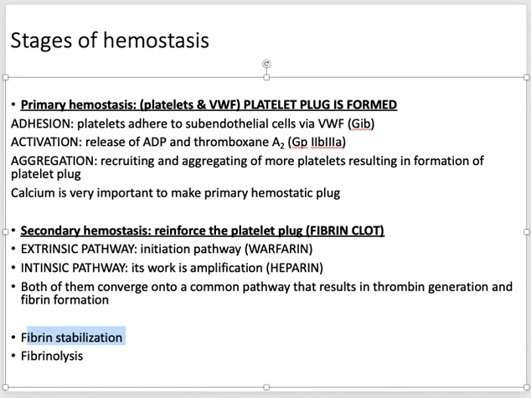which is again one of the things which occurs in clotting. In fibrin stabilization, what is there?